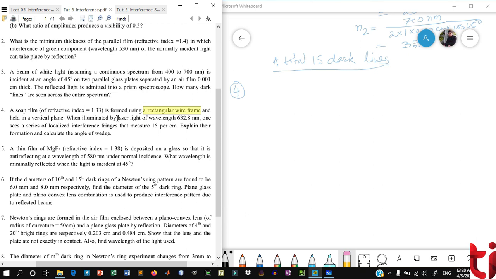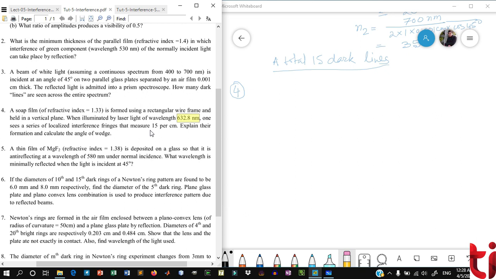When illuminated by laser light of wavelength 632.8 nanometer, one sees a series of localized interference fringes that measure 15 per centimeter. Explain their formation and calculate the angle of wedge.